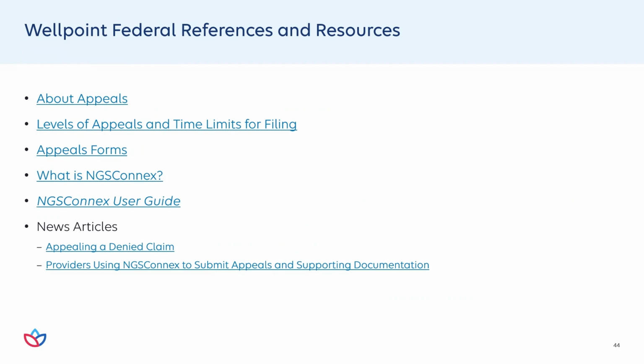There's a couple hyperlinks for NGS and the NGS Connects user guide. And then there's also some news articles. Appealing a denied claim is really helpful. And then providers using NGS Connects submitting appeals and supporting documentation. So those are two helpful articles right on the WellPoint Federal website.